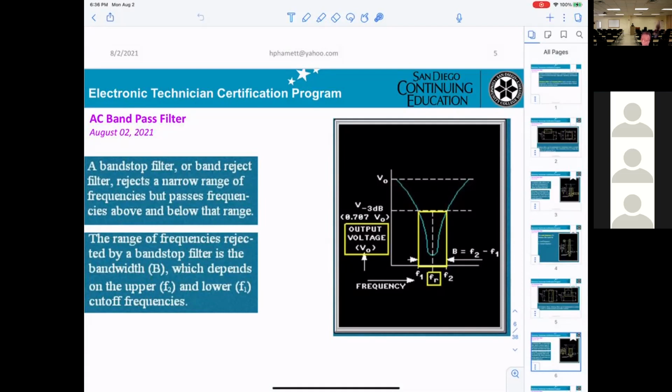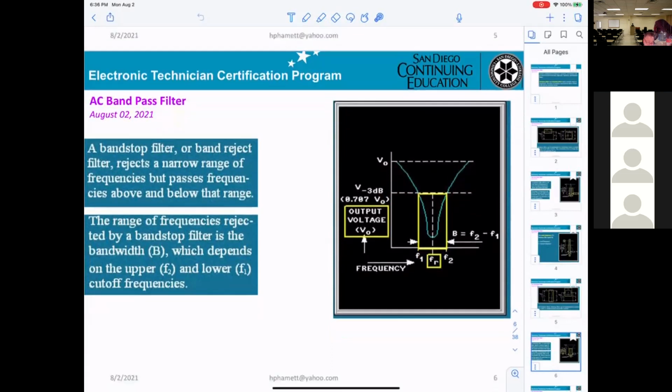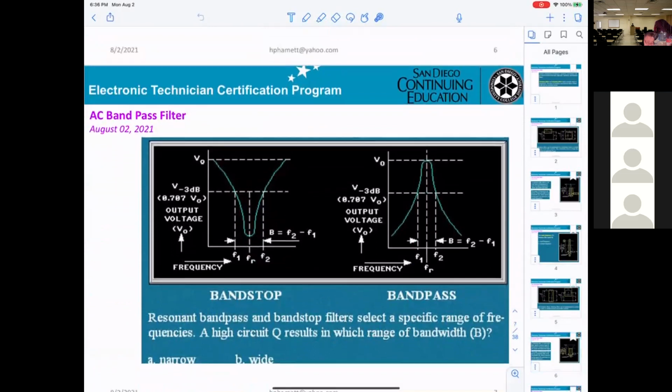However, I want you to understand for band stop, any signal higher than F2 or less than F1 is able to pass, but any signal between F1 and F2, they want to stop. It is just the opposite of the band pass filter.